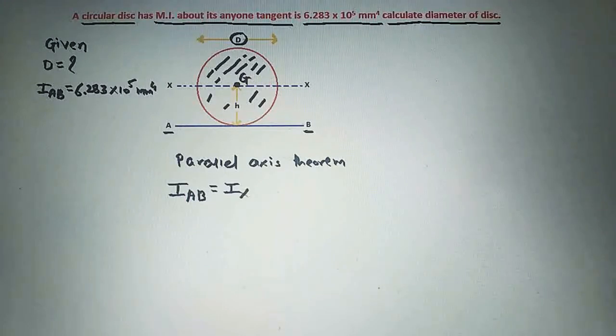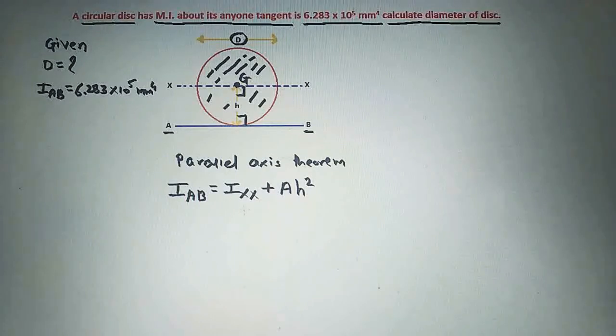So we will write here Ixx plus area and the perpendicular distance between the two axes, and that perpendicular distance is h here, and we will take the square of the h.